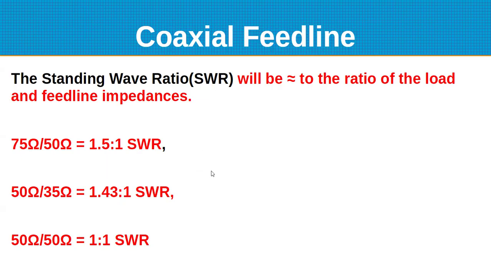And at 3, most radios will actually do a foldback and reduce power, so you don't damage the output transistors. And of course, if we had a perfect 50 to 50 match, the SWR is going to be 1 to 1. You notice whichever way the ratio is, it's always the bigger number versus the smaller number.